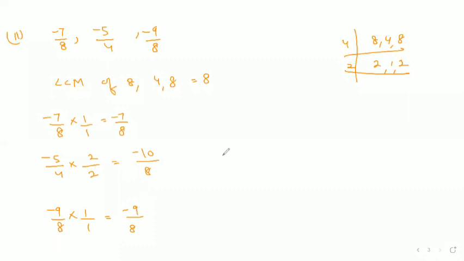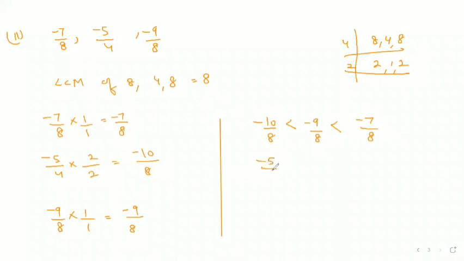Minus 9 by 8. So we can see minus 10 by 8 is the smallest number, minus 9 by 8 is the bigger one, and minus 7 by 8 is the biggest number.